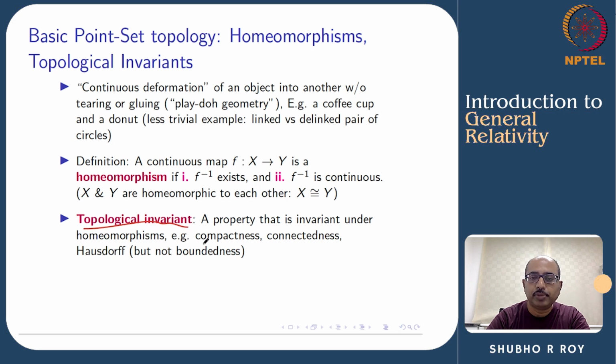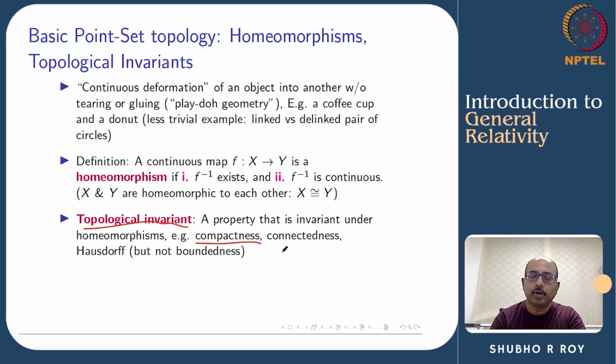And some examples are properties such as compactness. You know, a compact space and a non-compact space can never be homeomorphic. You cannot continuously deform a compact space into a non-compact space. Okay, this is not going to be possible. So compactness is an example of a topological invariant property.